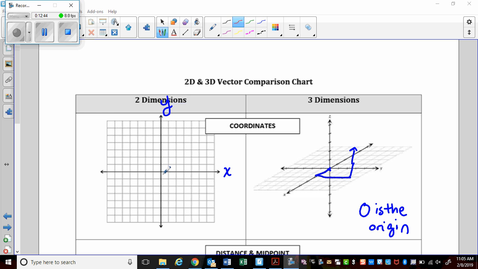We know in the second dimension we just go to the right and up or down and to the left. So this point right here is going to be x, y. Well, just the same, this point right here is going to be x, y, z.